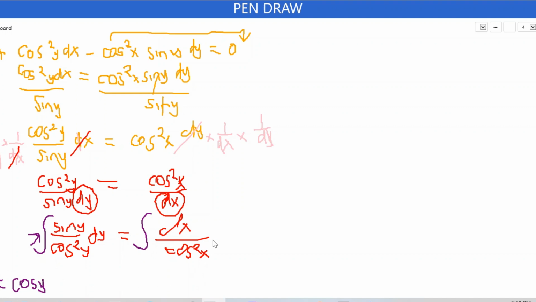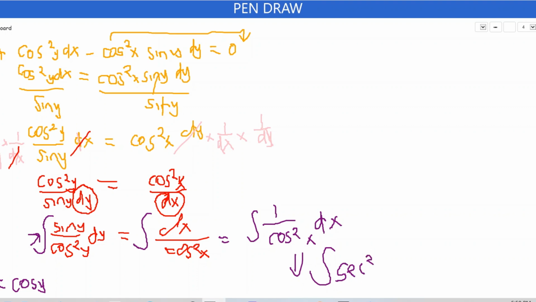That means it's 1 over cos squared x dx. 1 over cos squared x is the same as sec squared x. So now let's come here. This one we're going to derive with u substitution. I believe you now know u substitution.